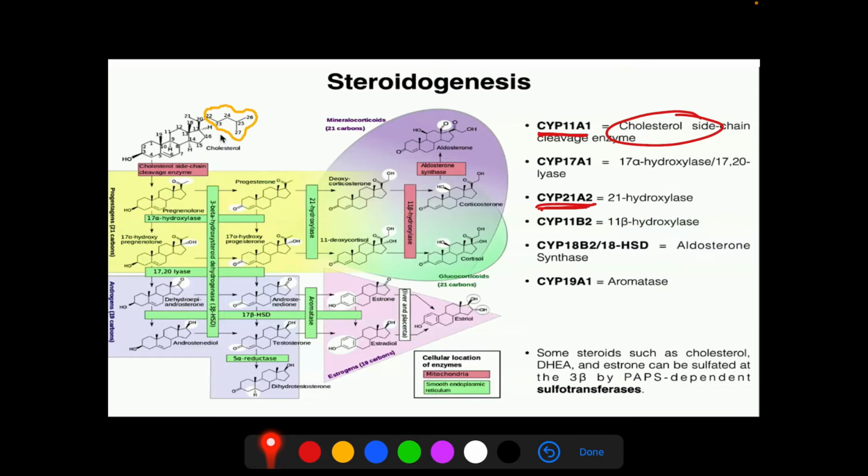And then the 11-deoxycortisol will be hydroxylated into cortisol, which is the primary glucocorticoid, or corticosteroid, in humans.